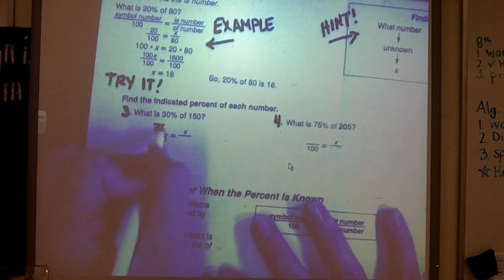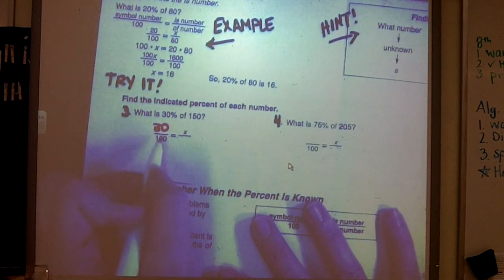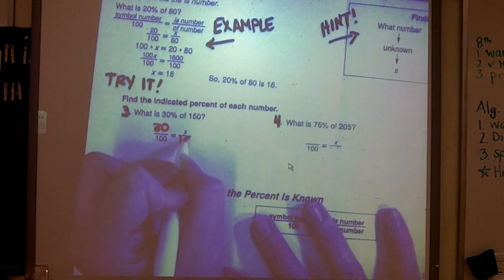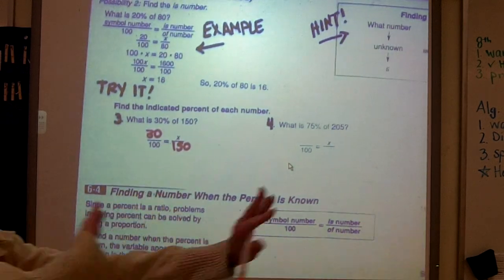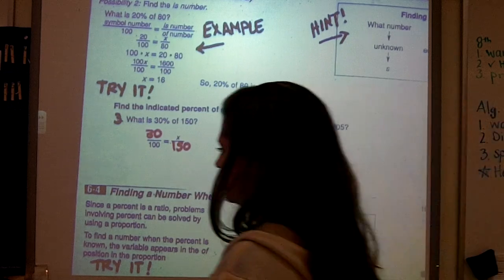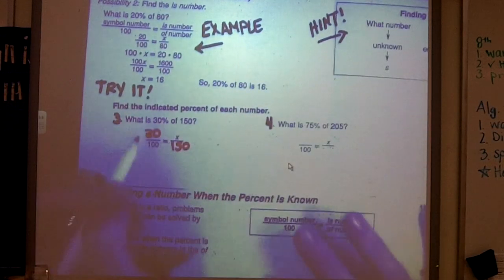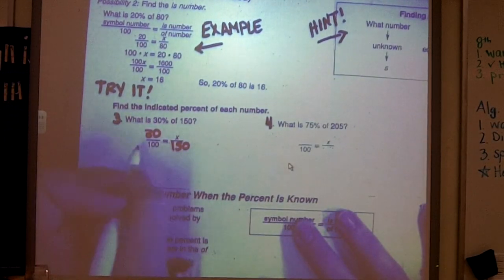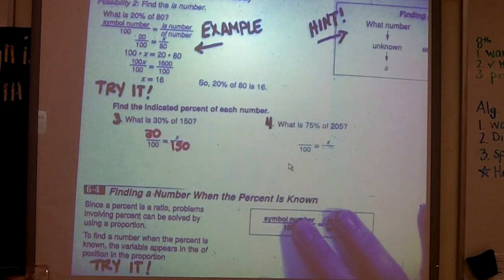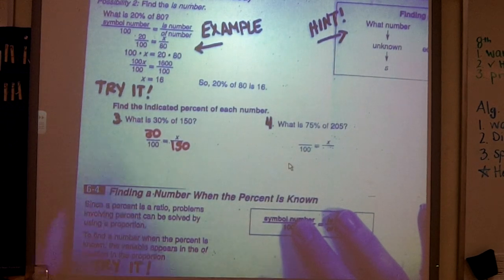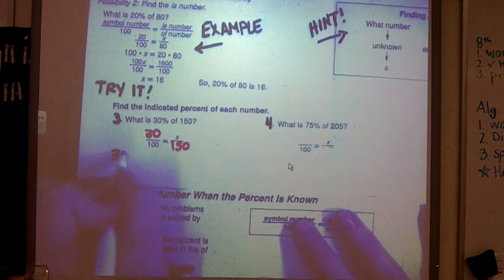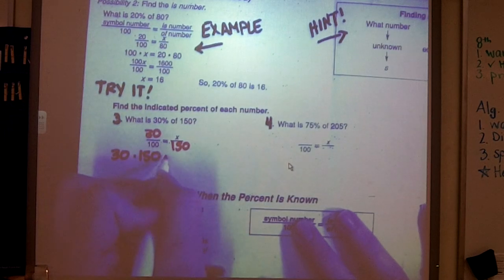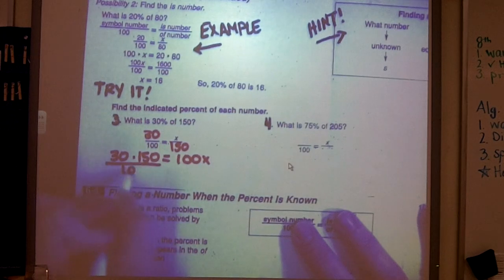Let's try another one very quickly. We have 30% of 150. Okay, so to do this, we're going to cross multiply. We need to cross multiply 150 times 30. And that is equal to 100x. So then we'll divide by 100.